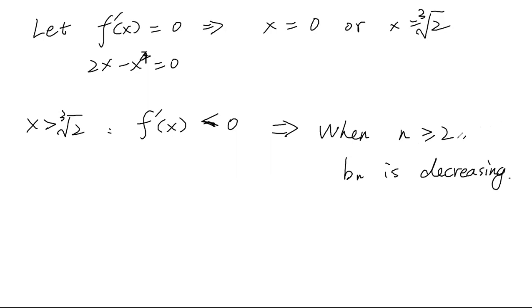And now from this and the condition we have verified last time, the limit of Bn is equal to 0.